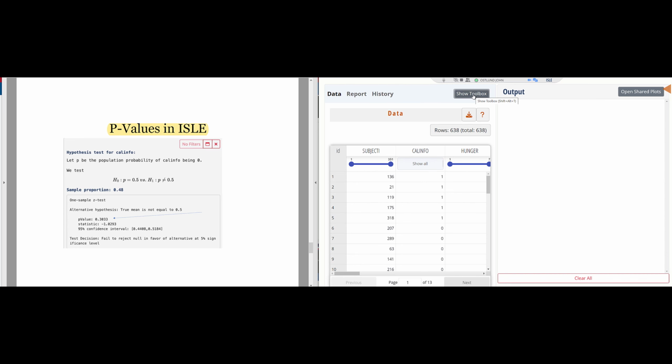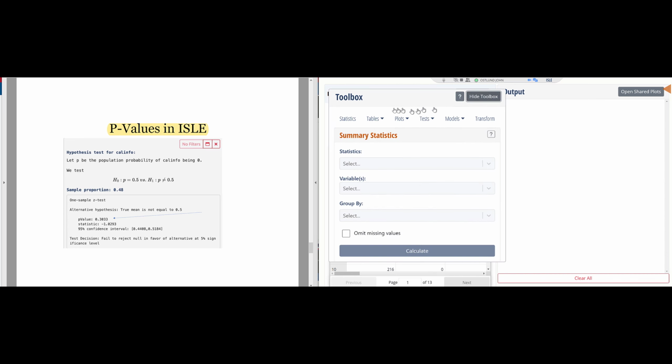Let me pull up my toolbox of statistical stuff I can do, and now I want to do a test, and I have one sample of data, and I want to do a proportion test.